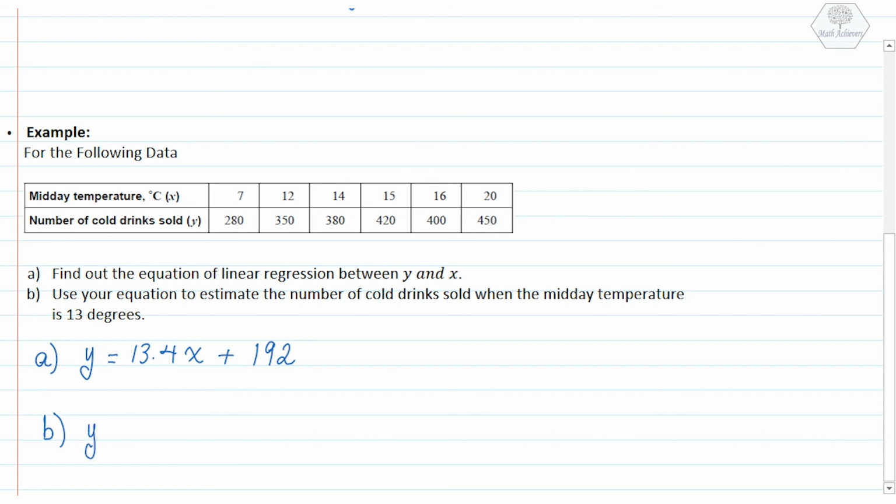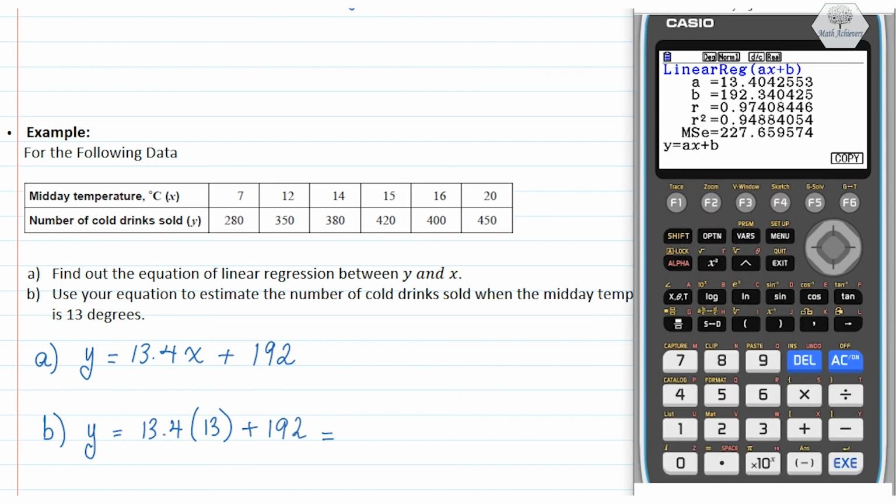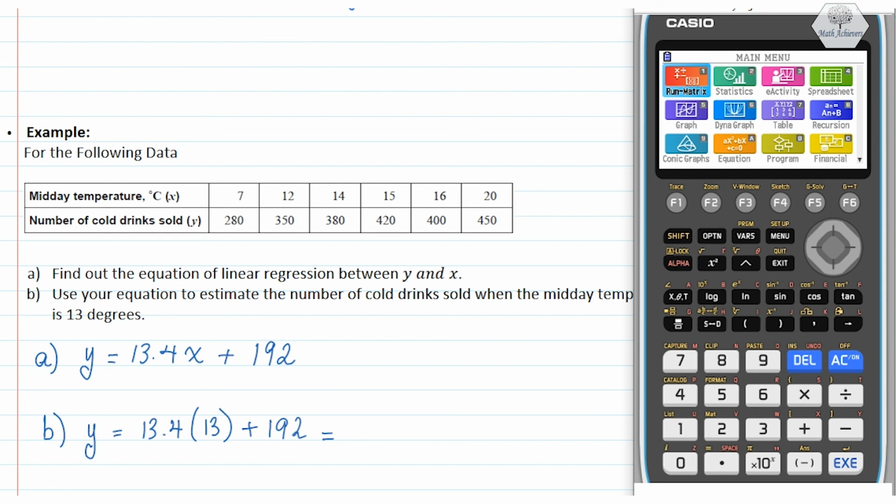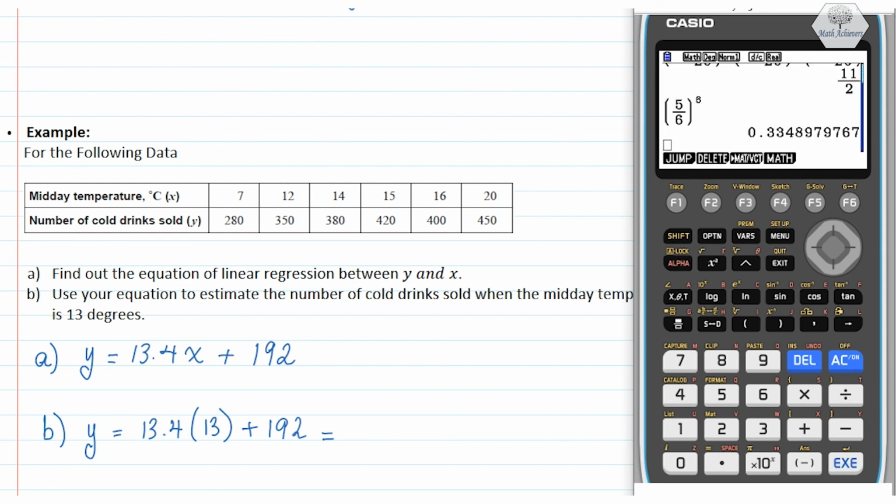So now, the number of cold drinks sold, which is y, is equal to 13.4 times x, which is 13, plus the 192. And this is equal to, I go to run matrix, and this is 13.4 times the x, which is 13, plus the 192.